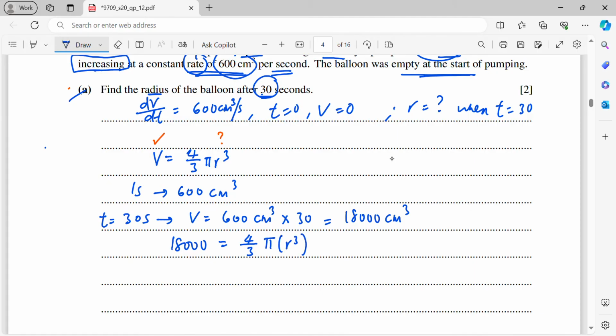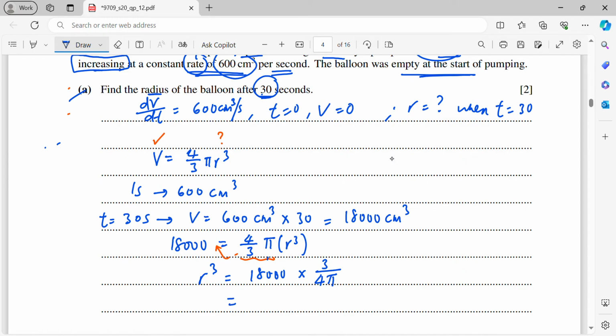To get the r, this 4 over 3 pi will be moved to the other side. So r cubed equals 18,000 times 3 over 4 pi, because when you move it to the other side, it's divide.